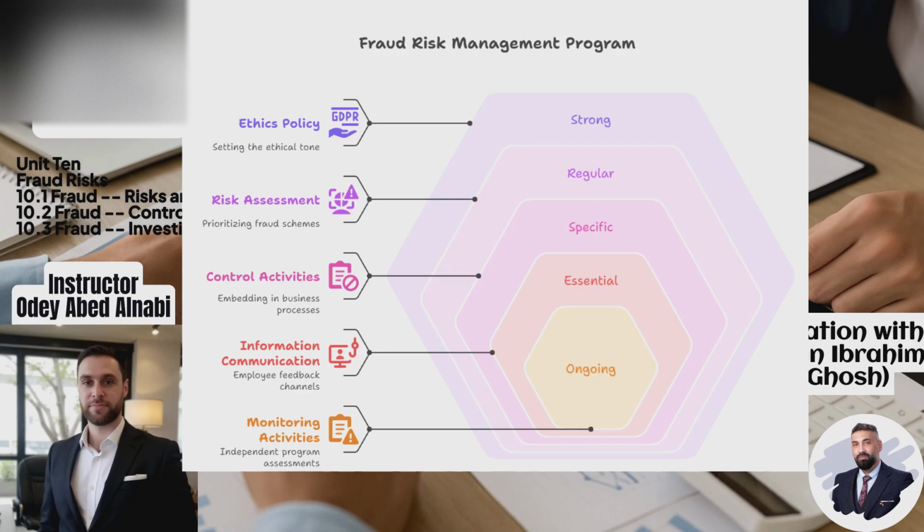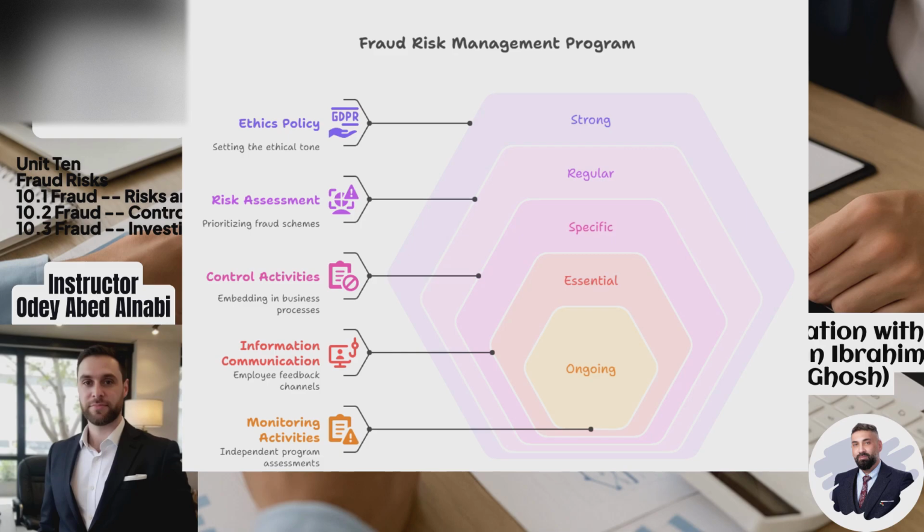Information and communication practices are essential to enhancing the effectiveness of a fraud risk management program. This includes fraud awareness training tailored to the organization's risks, typically covering values, a code of conduct, types of fraud, and employee responsibilities for reporting unethical behavior. It also includes ensuring that employees understand and comply with policies.